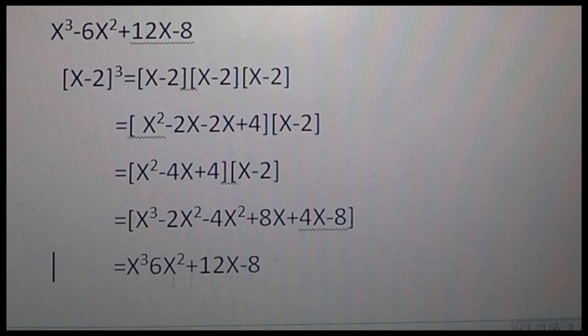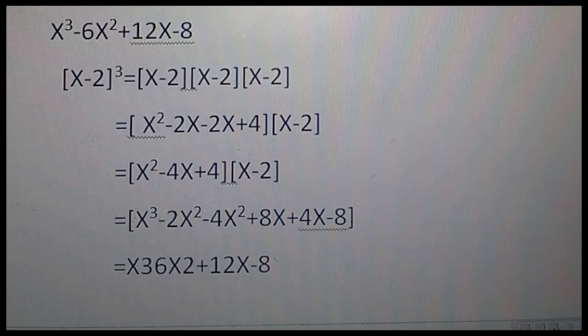We are getting minus because minus 2x squared minus 4x squared gives a negative sign. Let's delete it and put our cube.